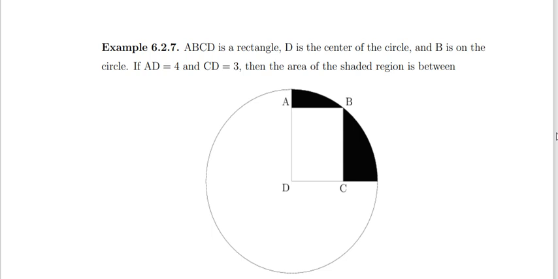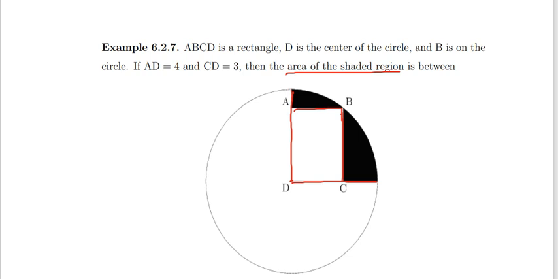In this problem we also want to find the area of this region. This area equals the quarter of this circle minus this rectangle. We need to find the radius for this circle.